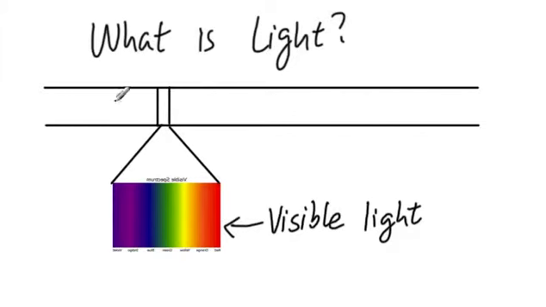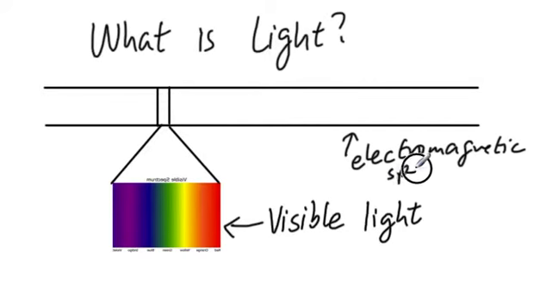Visible light is actually part of a broader spectrum of light, which is what we call the electromagnetic spectrum.